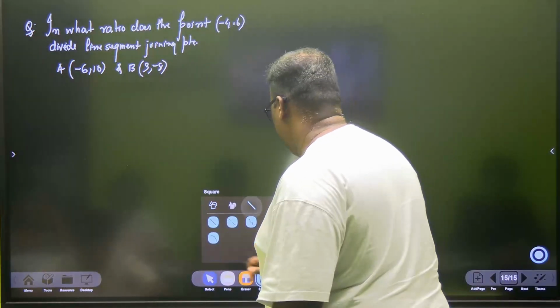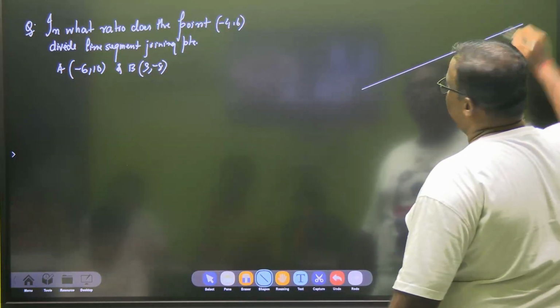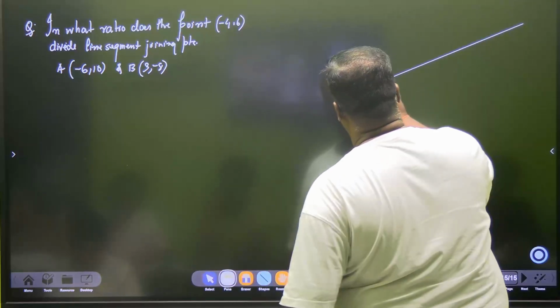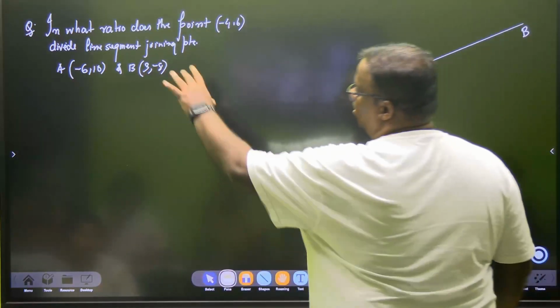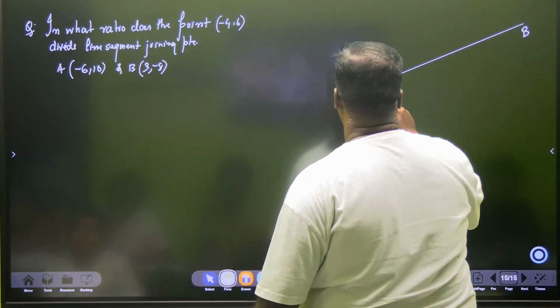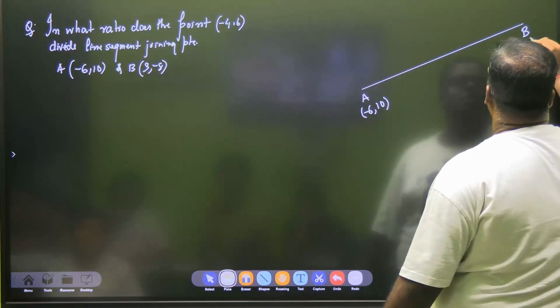If we model this question, the line is already given to you, and the line has points A and B. The coordinate of A is (-6, 10). The coordinate of B is (3, -8).